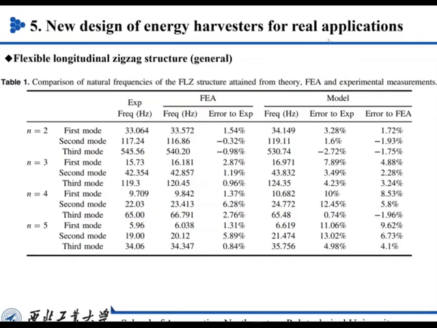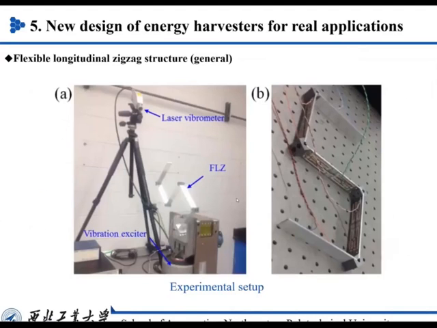We also compare the finite element method result with the experiment, and we also found a very large error. This error is caused by the measurement, because the size of the joint mass block and the size of the beam cannot be measured very exactly.